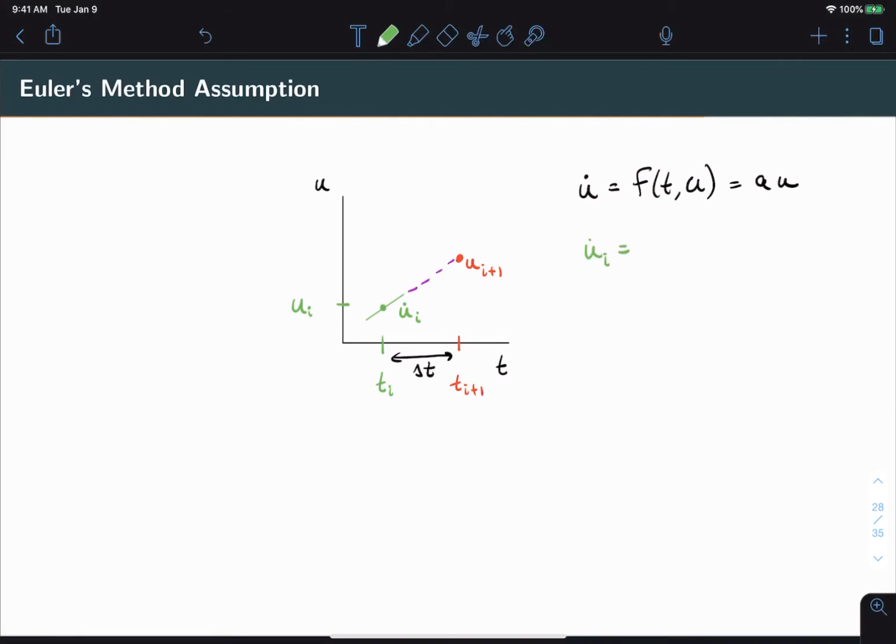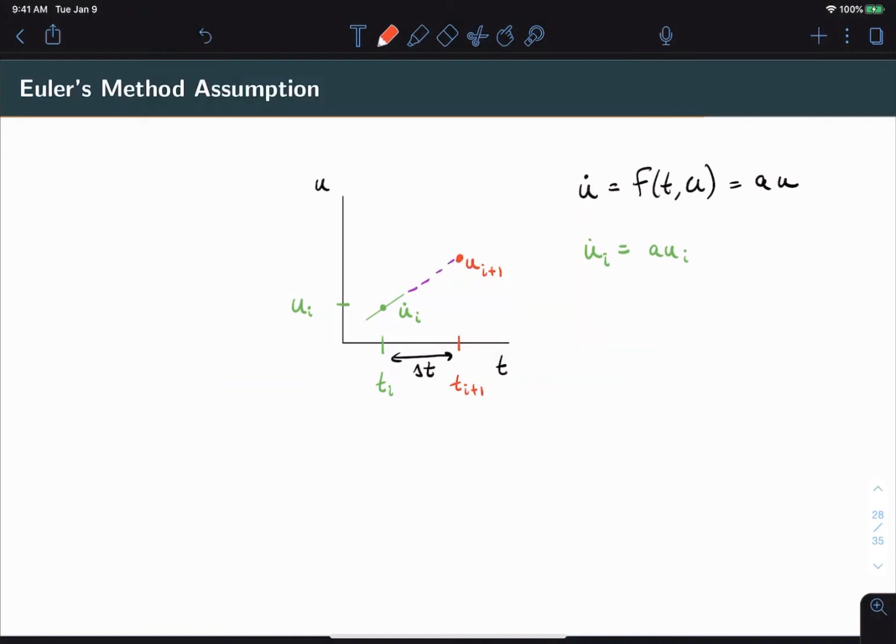So what Euler's method says is that first we can get our velocity u dot i directly from that equation of motion and our known ui. And then we can use the formula for average velocity over delta t to set up our final equations.